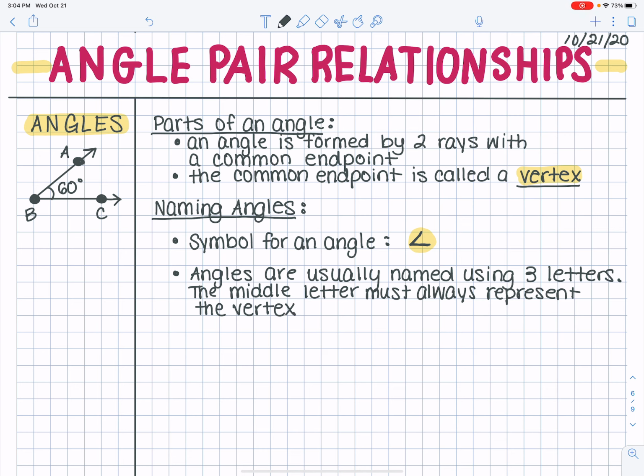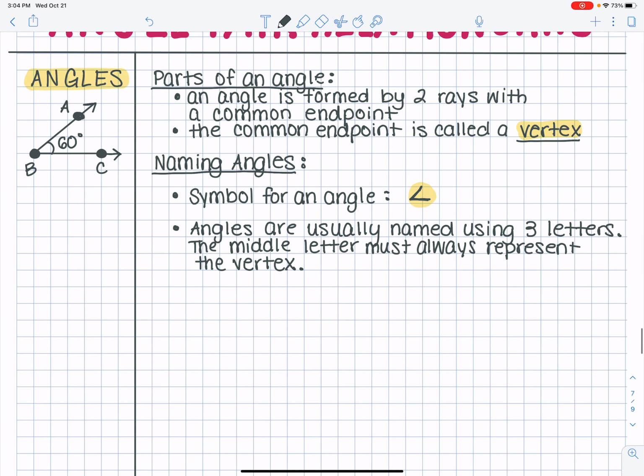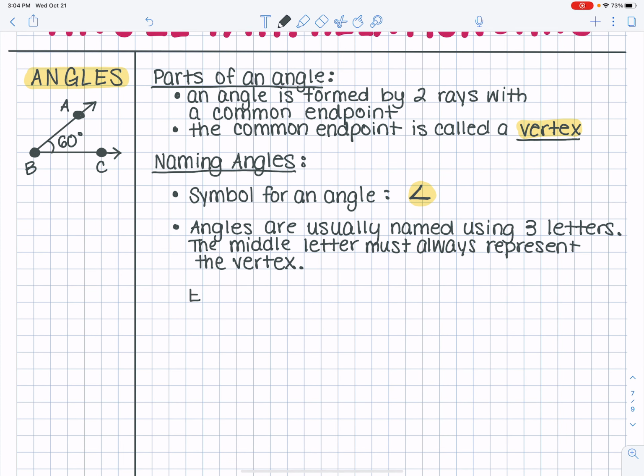So when we talk about an angle, we always use 3 letters to name it, but we have to make sure that the middle letter is the vertex. Okay? So for example, in our angle at the top, we can call this angle ABC, and B has to be my vertex.